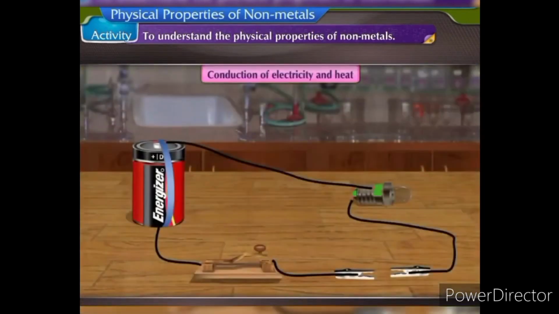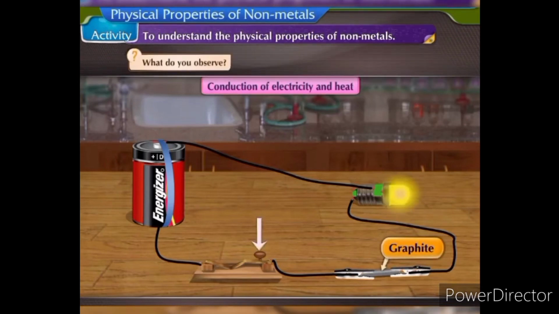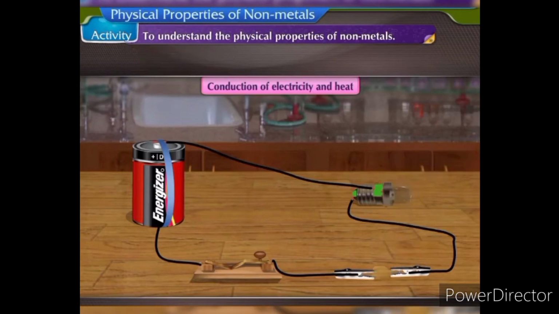Conduction of electricity and heat. Arrange a circuit. Place the sample of graphite within the circuit. Switch on the current. What do you observe? The bulb glows. Now, place the sample of sulfur within the circuit. Does the bulb glow?